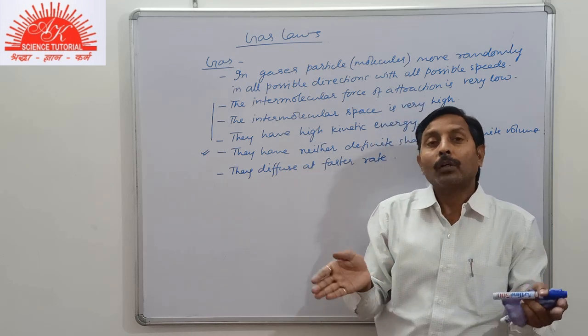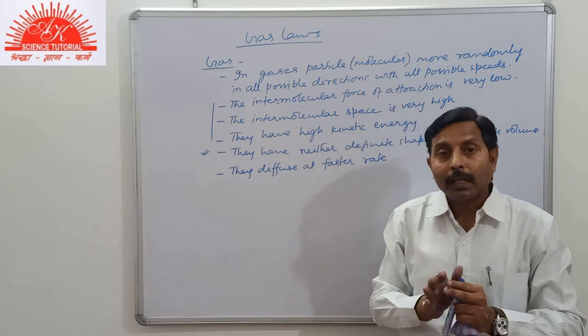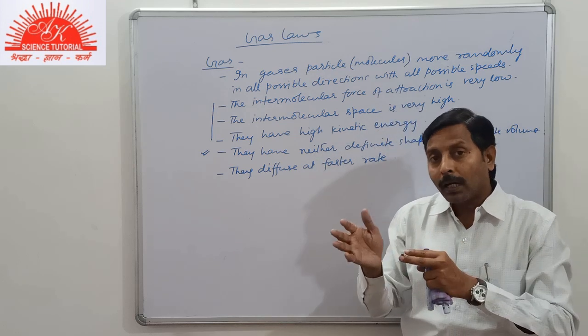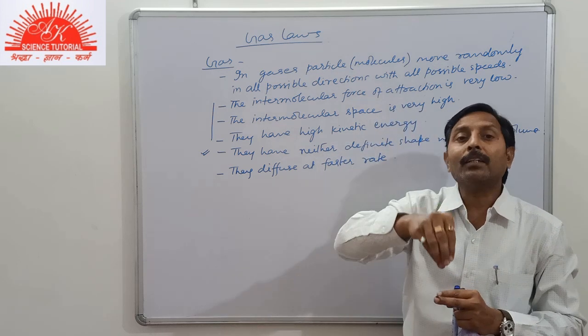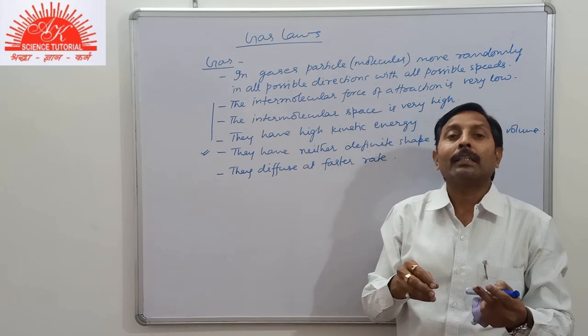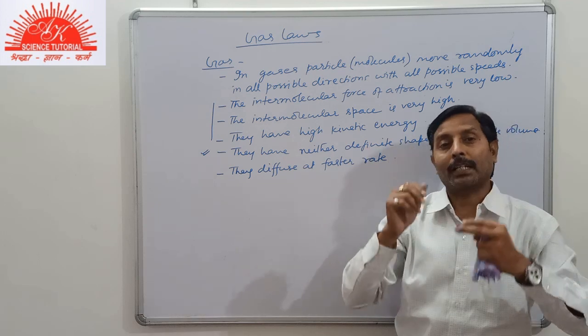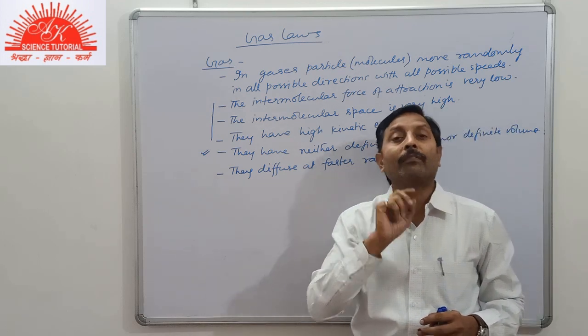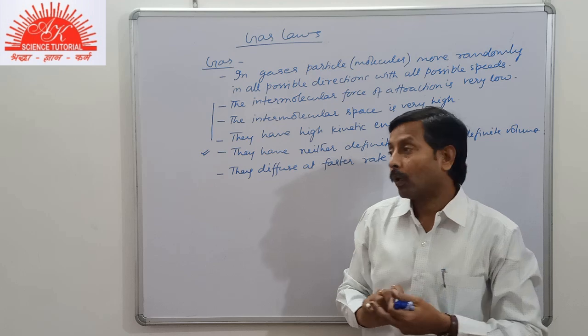Means when two substances are kept together, their molecules move and enter into the intermolecular space. Hence, they get uniformly mixed. This is called diffusion. So again, what is diffusion?